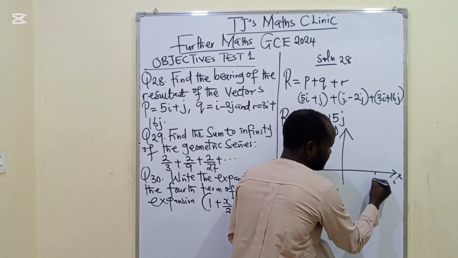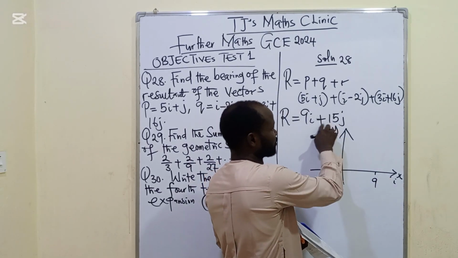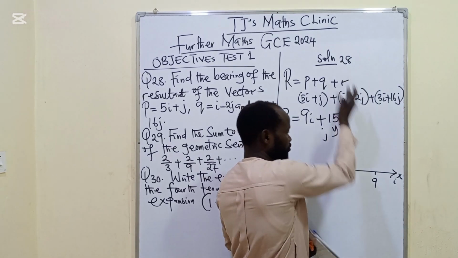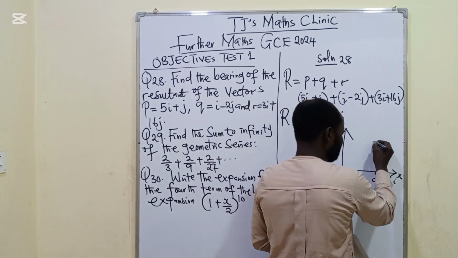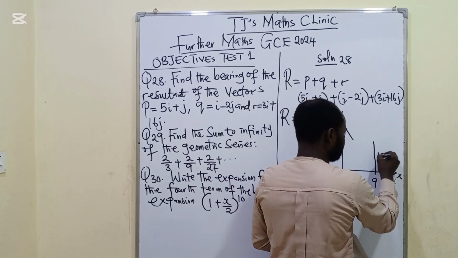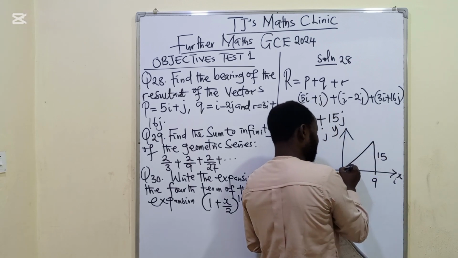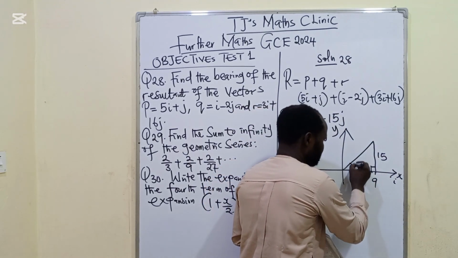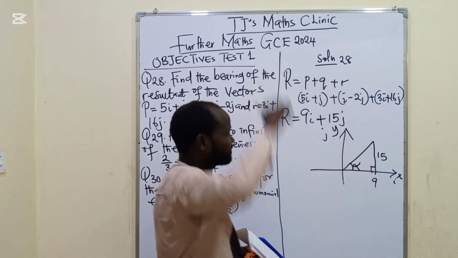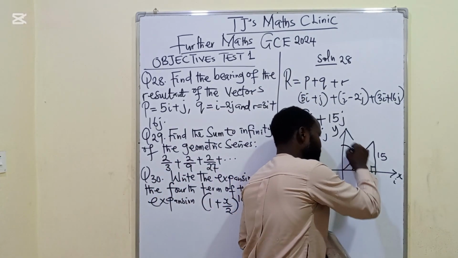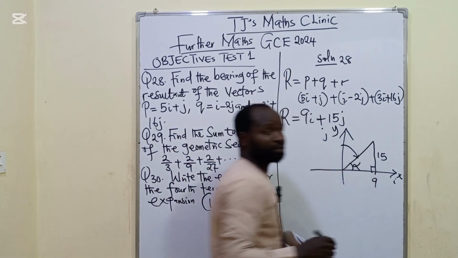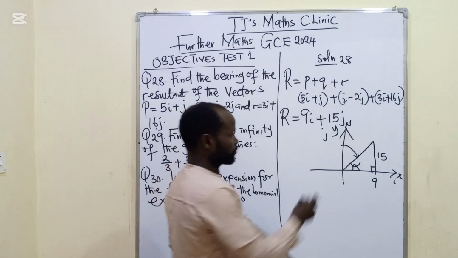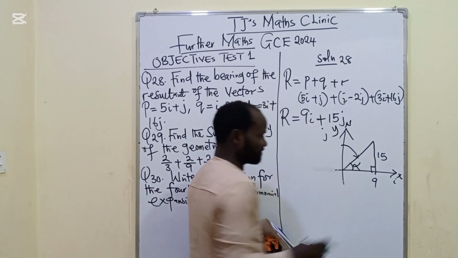Here will be 9, for instance. Then 15j means we move 15 units up vertically. So here will be 15. Then we have the angle of inclination here. This is 90 degrees. Let's say this angle is alpha. The bearing we are looking for starts from the north pole. This is our north pole. Very important.